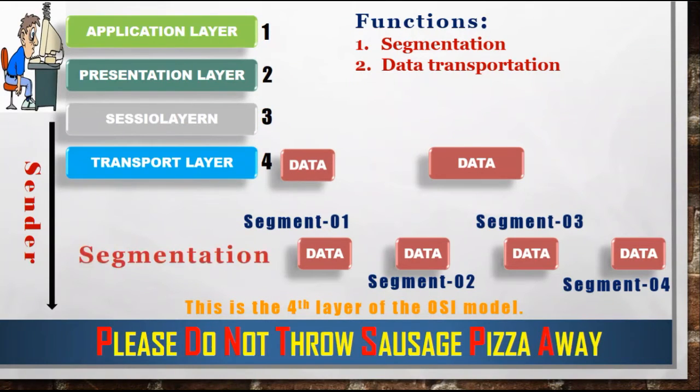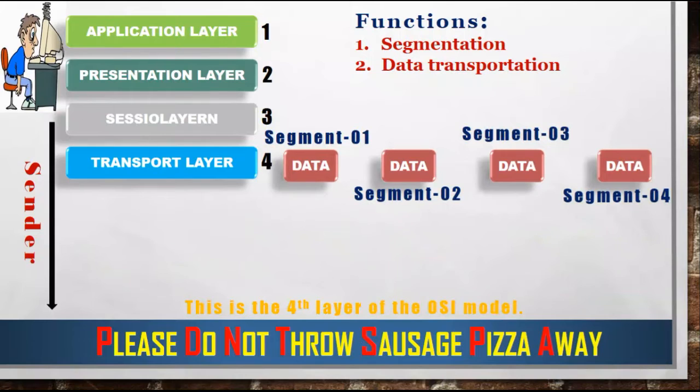Each segment contains the source and destination port numbers and a sequence number. The port numbers help to redirect all segments to the correct application, and the sequence number helps to join all segments back into a data stream. On the receiving computer, it joins all segments back into the data stream. So the upper layer receives data in exactly the same format in which it was sent.